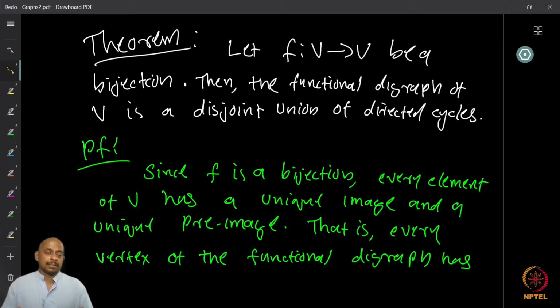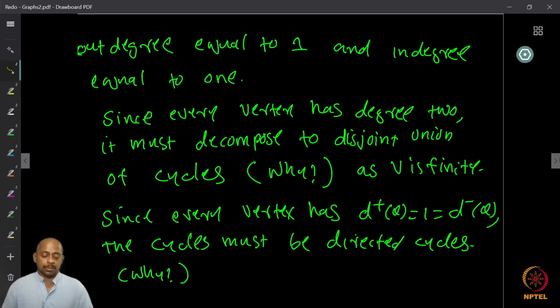Now, it's a simple exercise to show that if a graph has the property that every vertex has degree exactly 2, then it is basically a collection of cycles, right? So this will allow us to see why this should be the case. The permutation must have a collection of cycles.